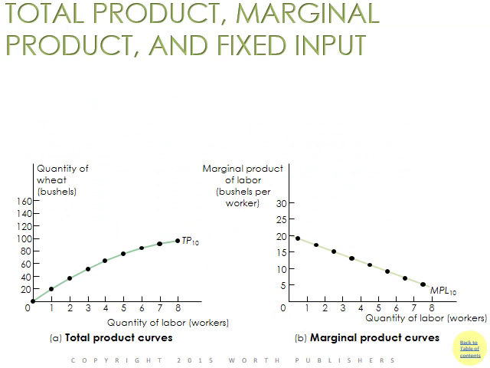In this diagram, diagram A gives you the total product as you hire more workers. Graph B shows you the marginal product of hiring an additional worker, that is, how much additional output you get when you hire more workers.